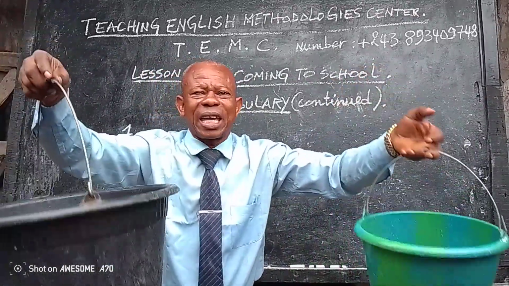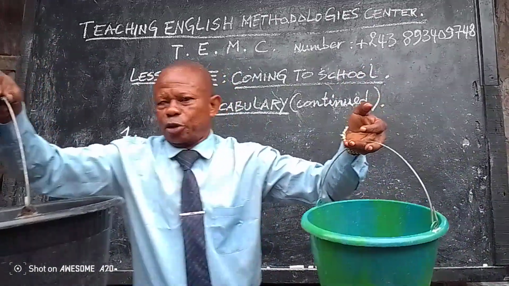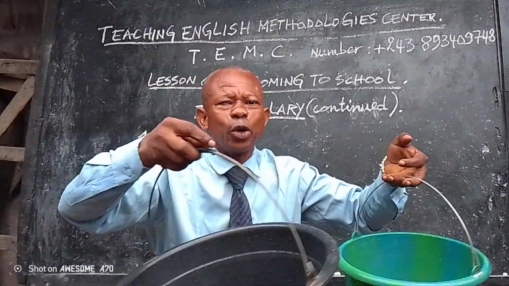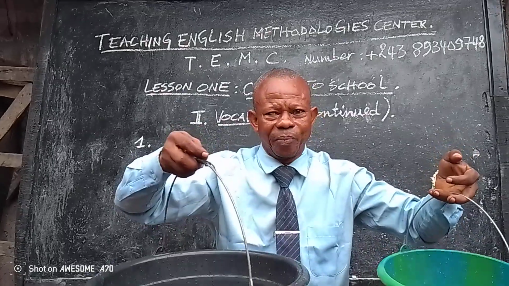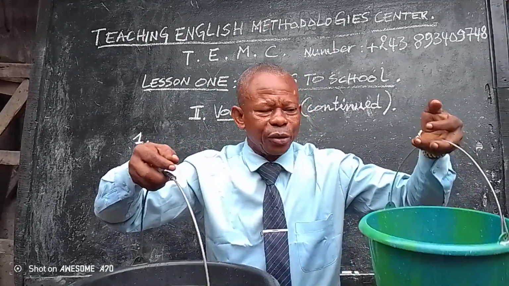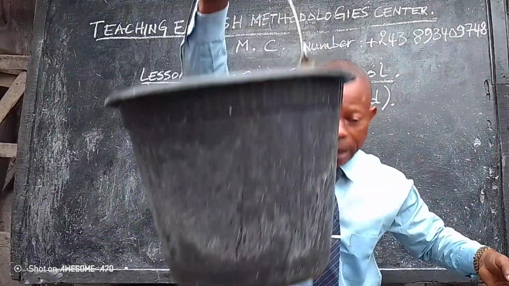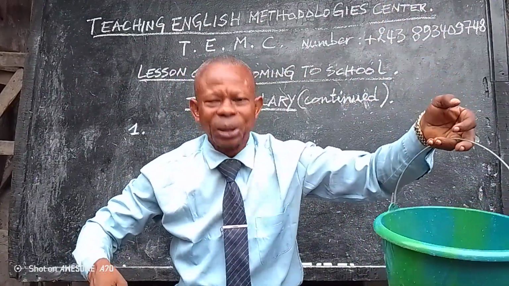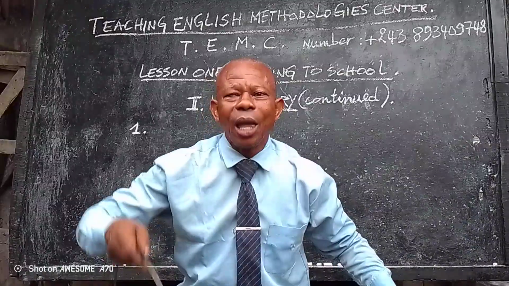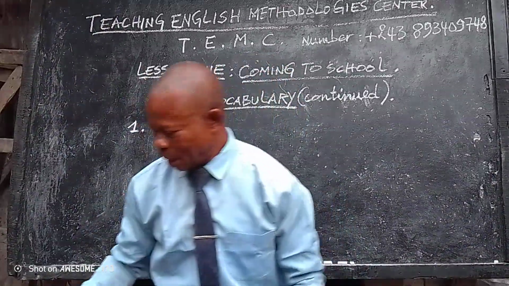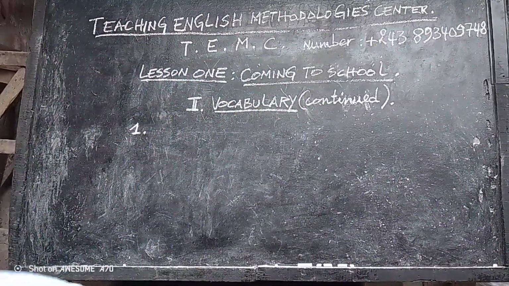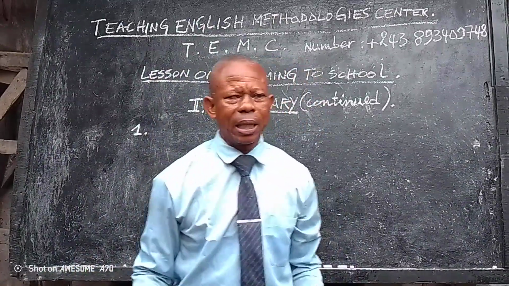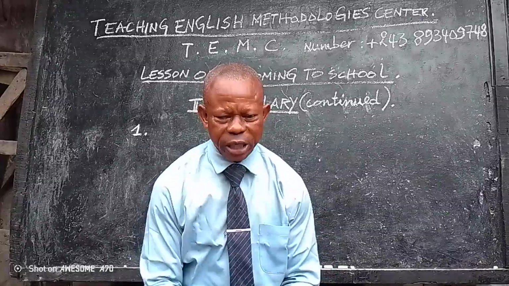Are they the same? Surely they are going to say no. How do you find them? This one is big. This is small. Okay, now you say big, big, big. They repeat individually and chorally.